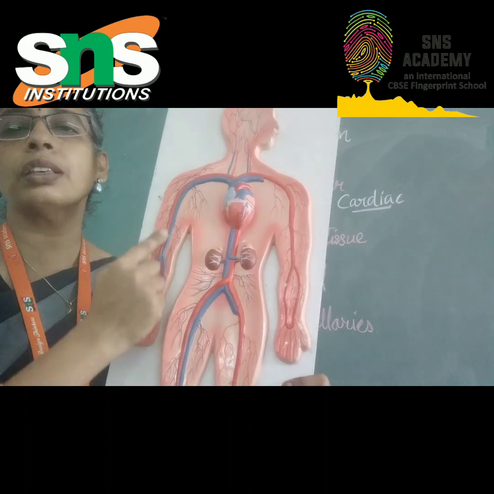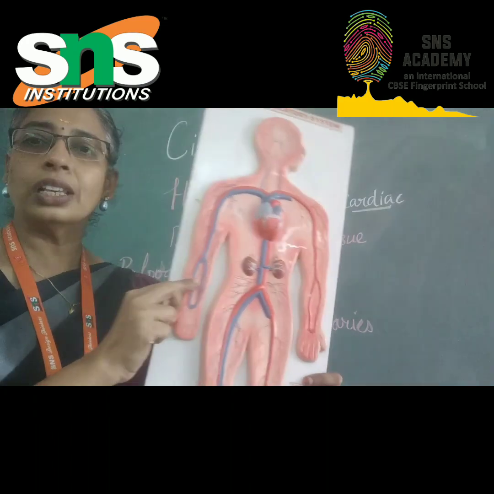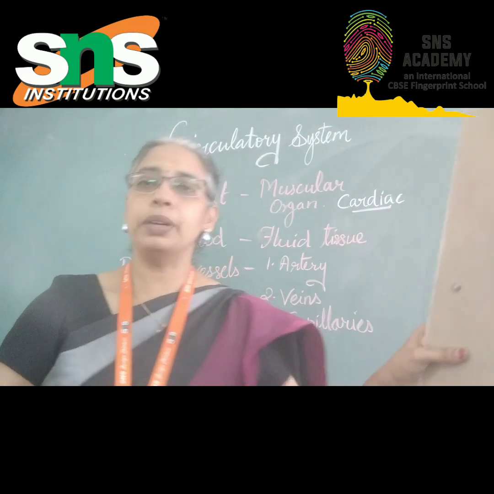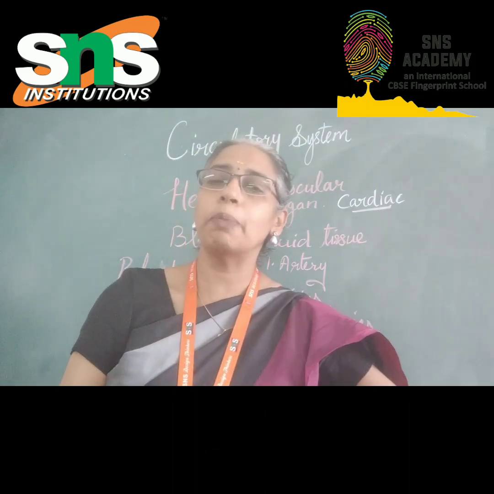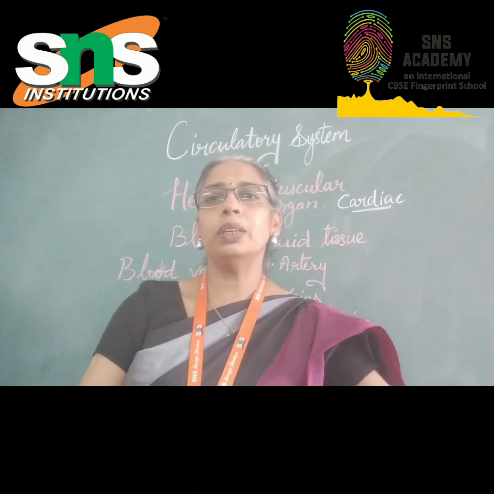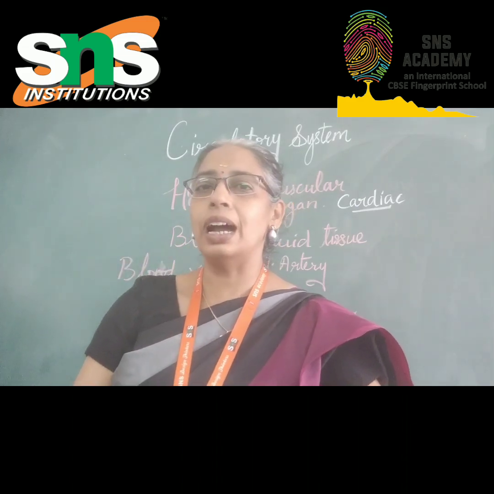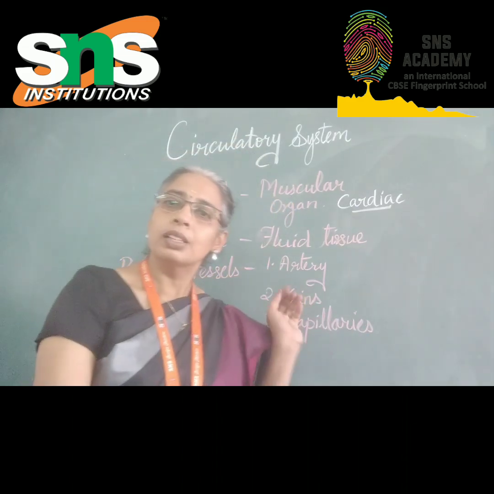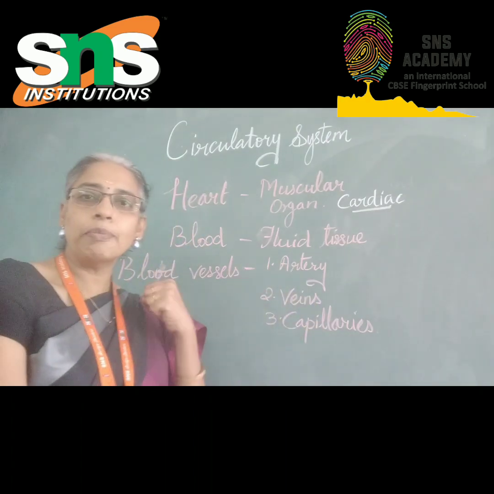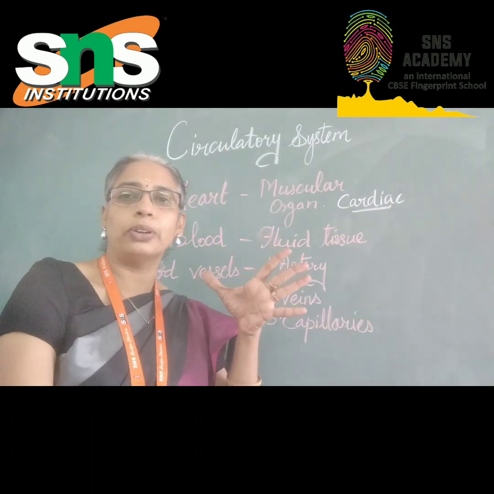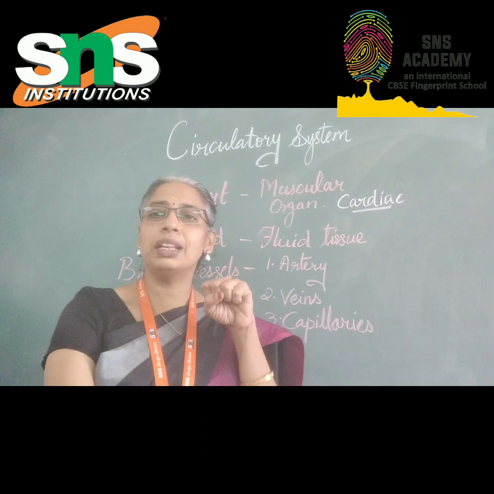The red color ones are called the arteries. Just like the water pipe that carries the water to the necessary places, even in our body we have tube-like structures called the arteries, which can take the blood from our heart to all parts of the body. So for the arteries, the action can be like this.